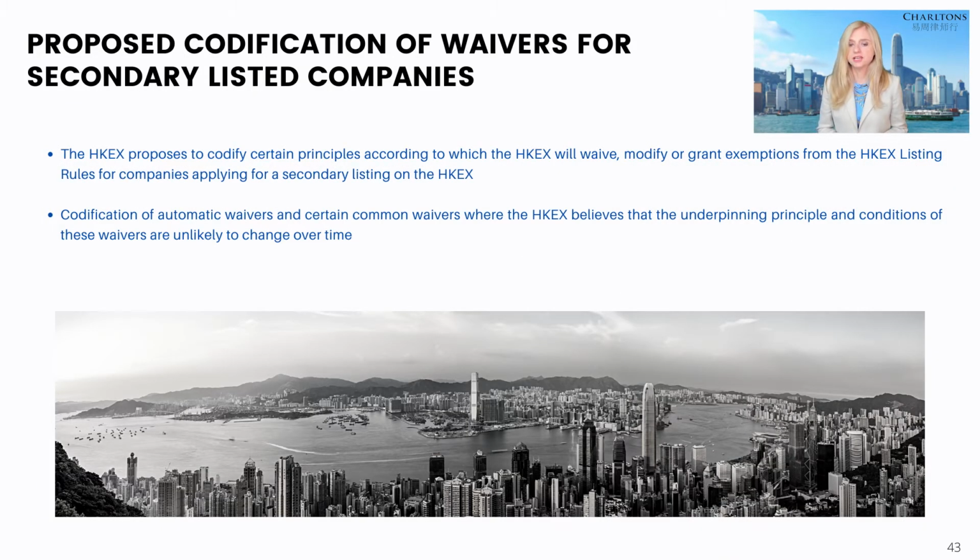The Hong Kong Exchange is proposing to codify the principles according to which the exchange will waive, modify, or grant exemptions from the listing rules for companies with or applying for a secondary listing. There are 4 principles.